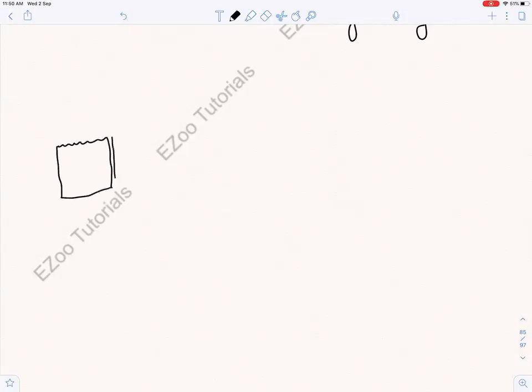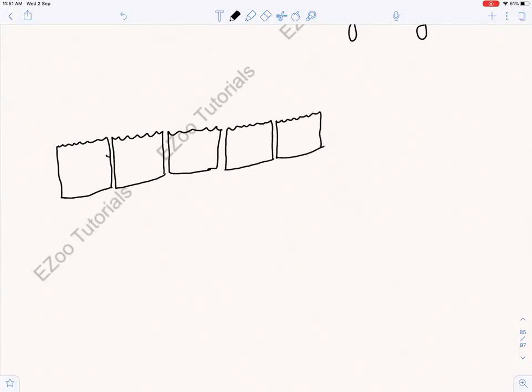What are enterocytes? Enterocytes are the absorptive cells found in the small intestine. We have done this when we did the structure of the small intestine. These are what I have drawn.